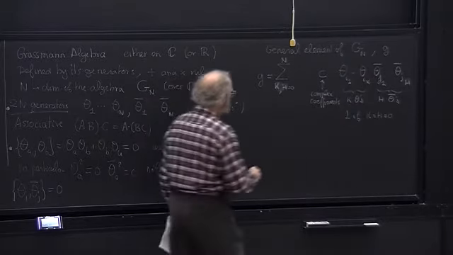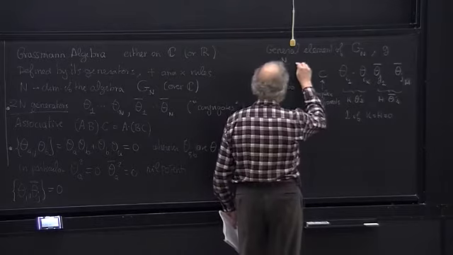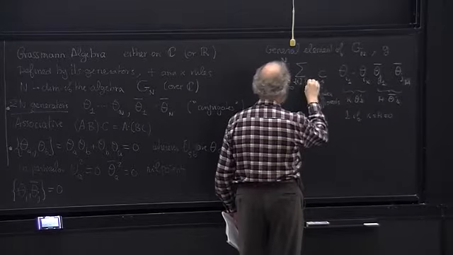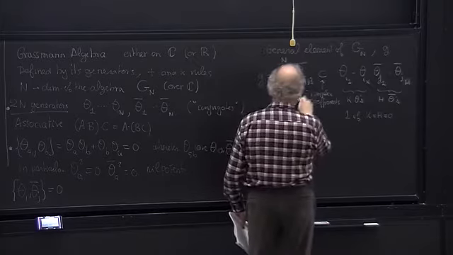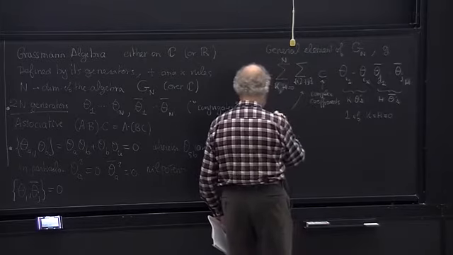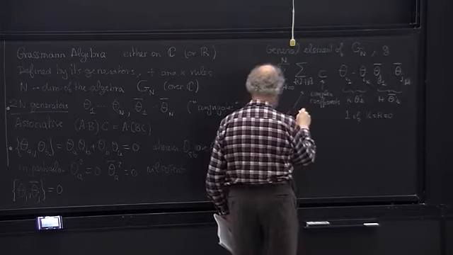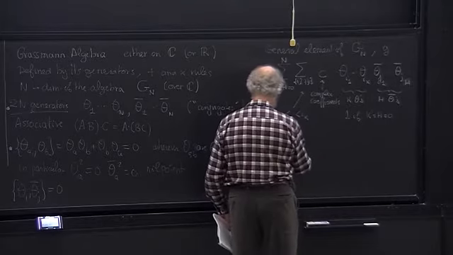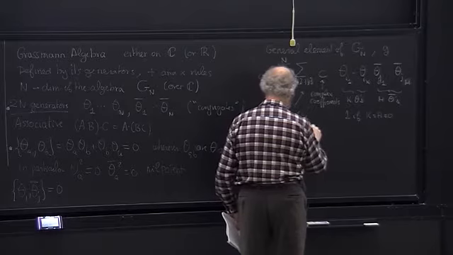And then you can sum over the collection of i's and the collection of g's in such a way that I1 is less than I2, less than Ik, and G1 is less than G2, less than Gh.